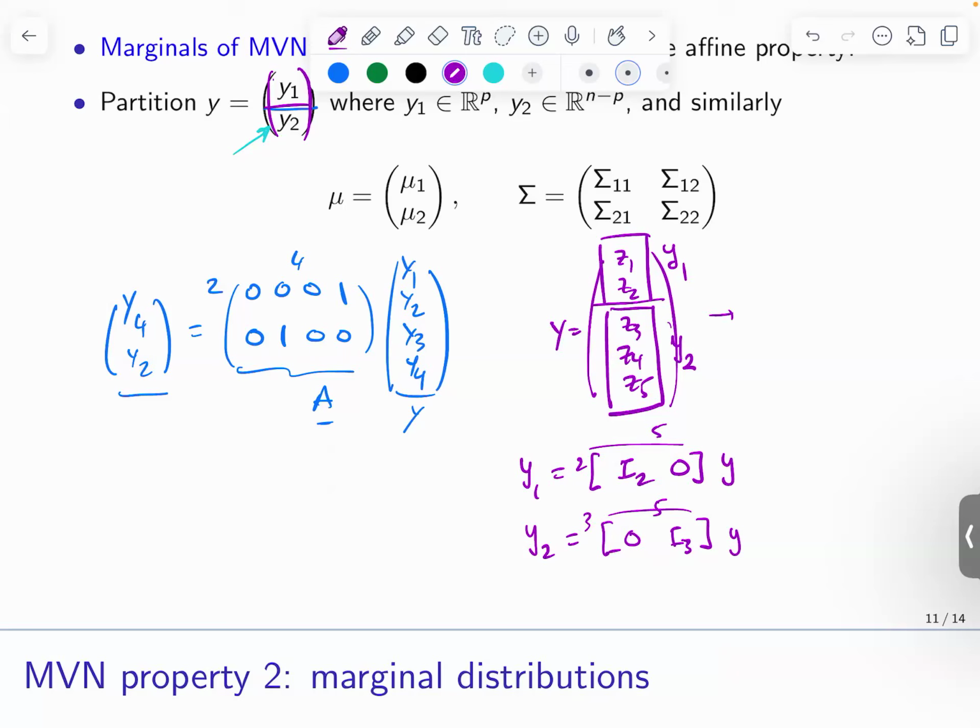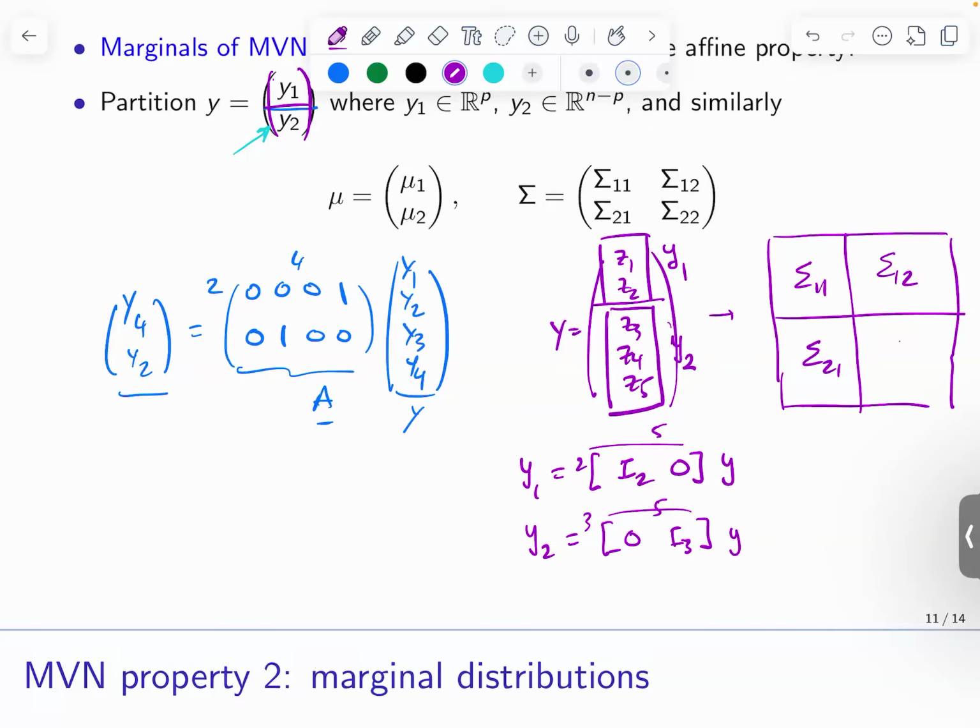The interesting thing is what the covariance matrix of these two would be. You can compute it either directly from the definition or using the formula A sigma A transpose. It would correspond to a block partitioning of the covariance matrix.